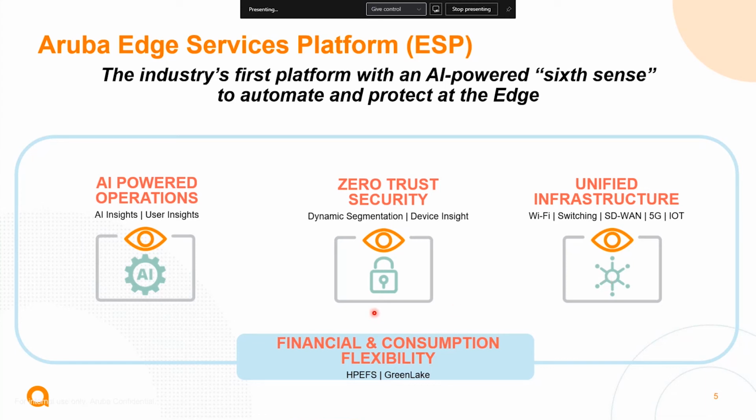Secondly, after having our unified infrastructure, we need to apply a zero trust security network framework. As mentioned earlier, the security threat is rising. We can no longer build a perimeter that just expects every device outside the perimeter to be untrusted. Before, what we did was put up a firewall and expect that it's working.